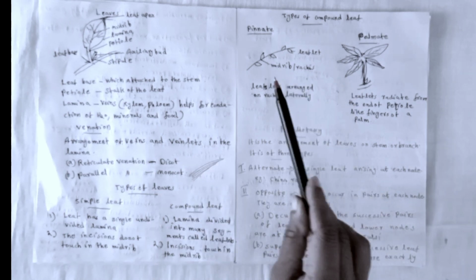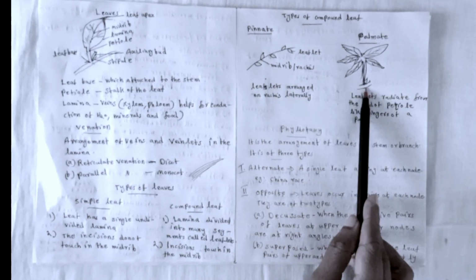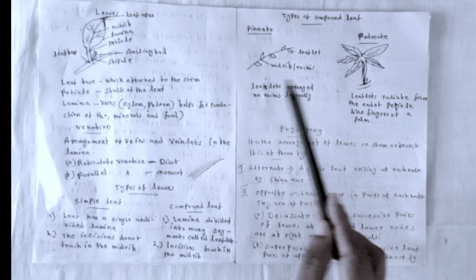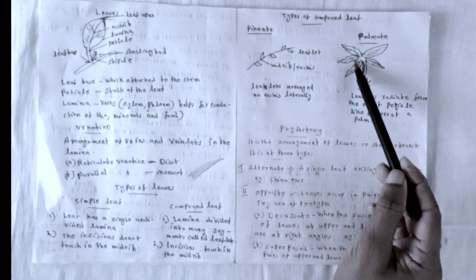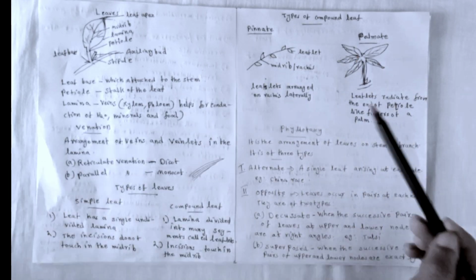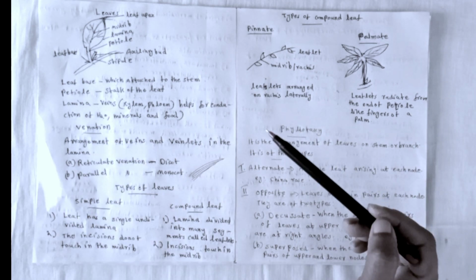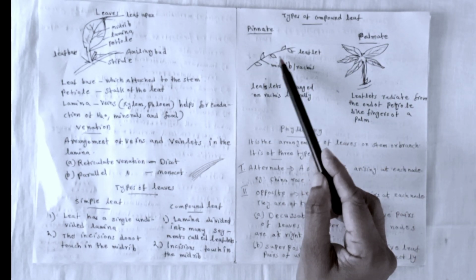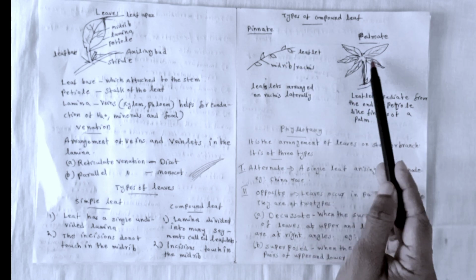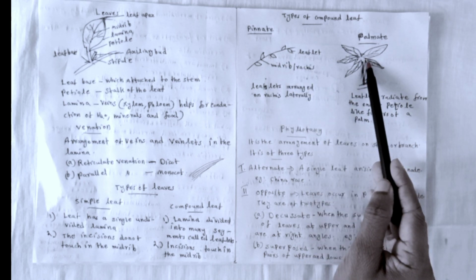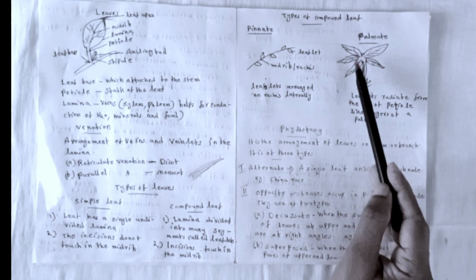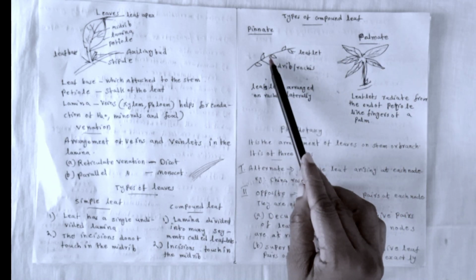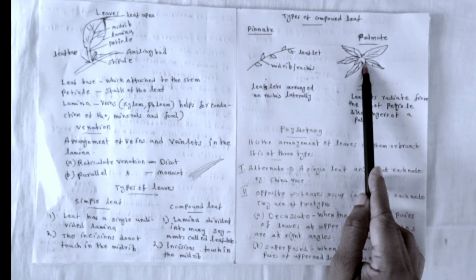Next type, this is a single leaf and these are the two types of compound leaves. In compound leaves, the lamina is divided into many segments called leaflets. The incisions, that is grooves, touch the midrib. There are two types of compound leaves, pinnately compound leaf and palmately compound leaf.